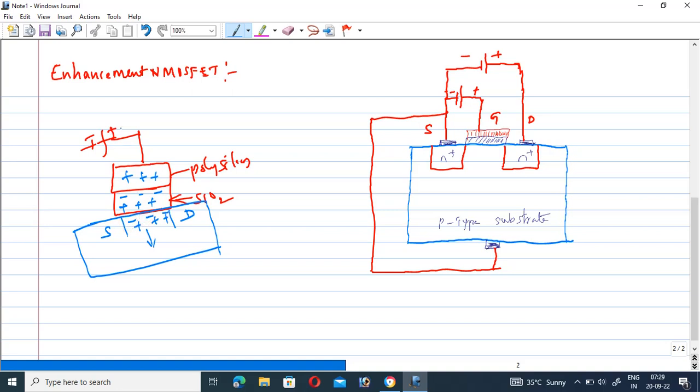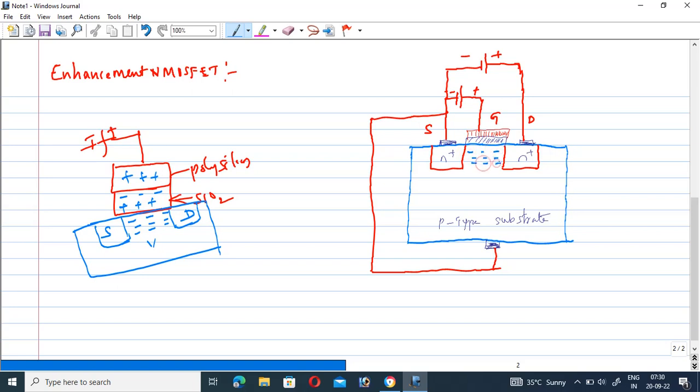When the gate voltage is increased further, more electrons are present in this region. At a minimum voltage, the electrons are placed completely between the source and drain region. This is generally called a channel. Therefore, by applying some suitable voltage, the electrons are accommodated here.